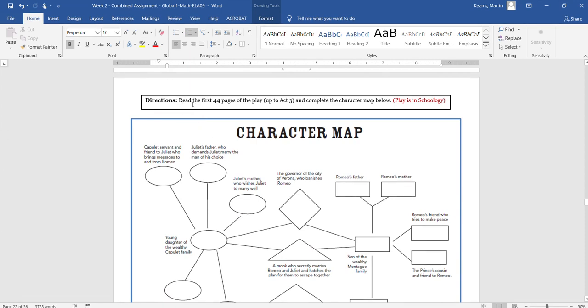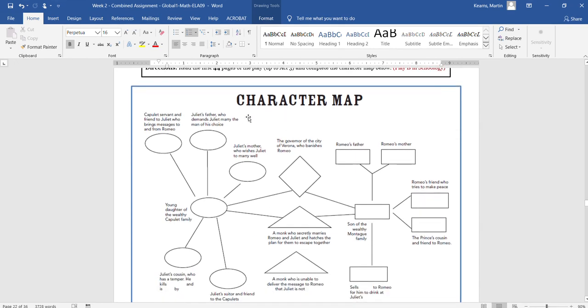Now, every character in the first 44 pages of the play is going to be input into the character map, all right? So you're going to use these, like Romeo's father, Romeo's mother, for example. You're going to use those to help guide you in placing those characters' names into these correct shapes, all right?